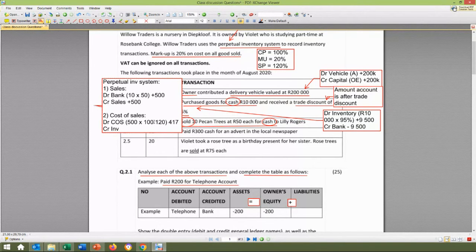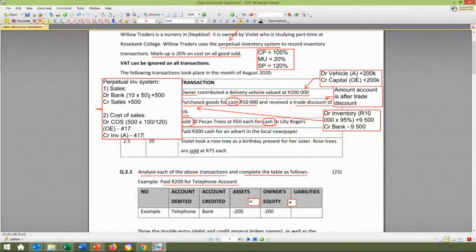Okay, so cost of sales goes to owner's equity. But because it is money that is going out, it decreases owner's equity, whereas inventory goes to assets and it will also decrease the assets.